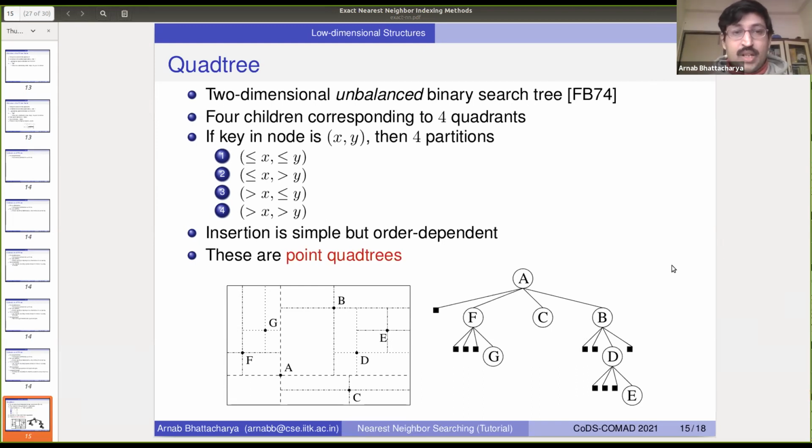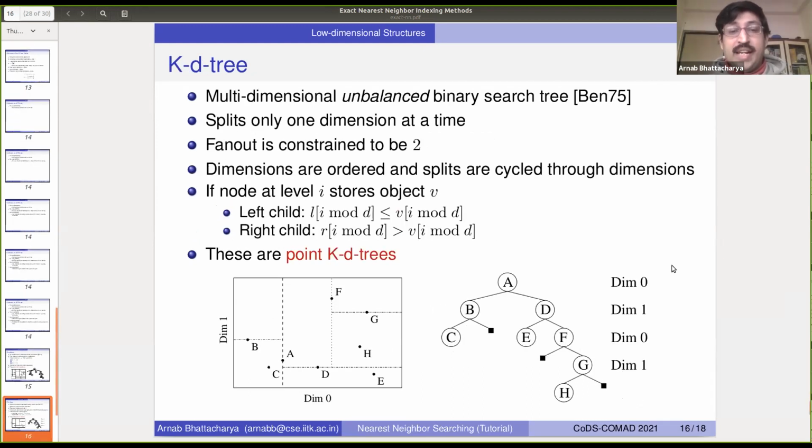And then there is another thing which is called KD tree. The KD trees do not break it up into quadrants. It always breaks it up into 2 parts, but it does it dimension by dimension. So it splits only 1 dimension at a time. So for example, if it takes that A as the point, it first uses dimension 0 to break. That means that entire dimension 0 has been broken up into 2 parts.